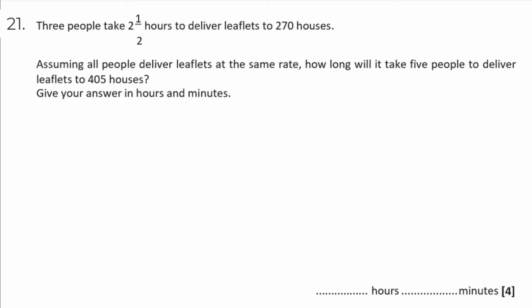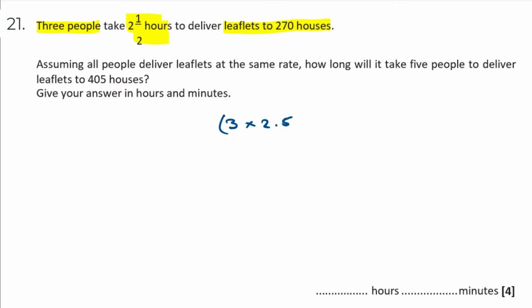Okay, so we can use this first bit of information here to work out how many leaflets per hour one person can deliver. Because if I know that 3 people take 2.5 hours to deliver 270 houses, then altogether that's 3 lots of 2.5 hours, isn't it? So it takes them 3 lots of 2.5 hours to deliver all of those papers.